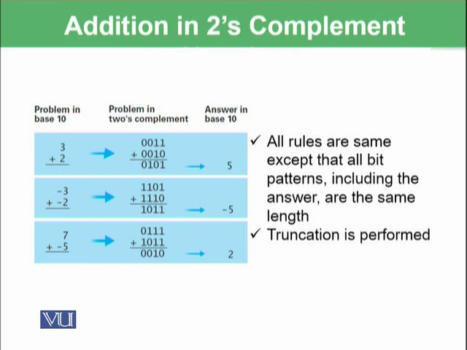Now addition in 2's complement is the same as we have discussed for binary addition. For example, we have used 3 plus 2. You can see 0011 plus 0010 is 0101. So this is the representation of 5. That is awesome. What about minus 3 and minus 2? This is giving you minus 5, as you can see, with the bit pattern of 1011.